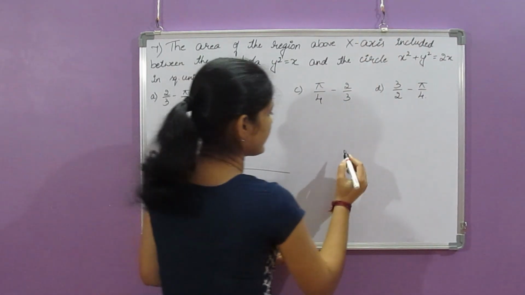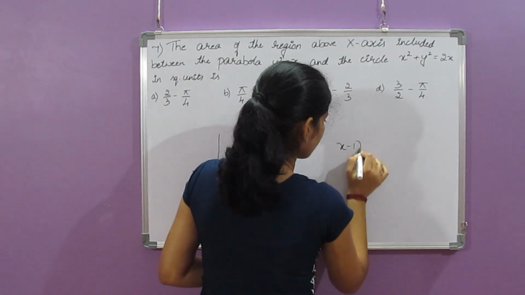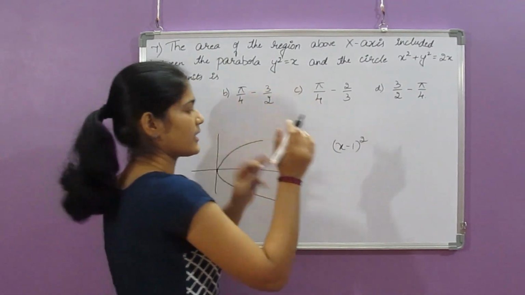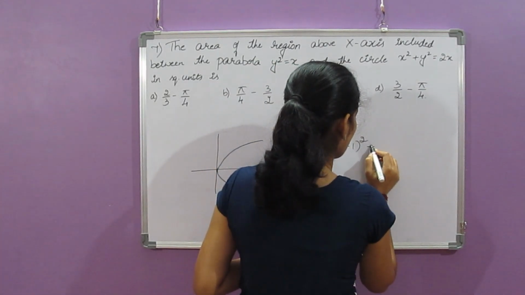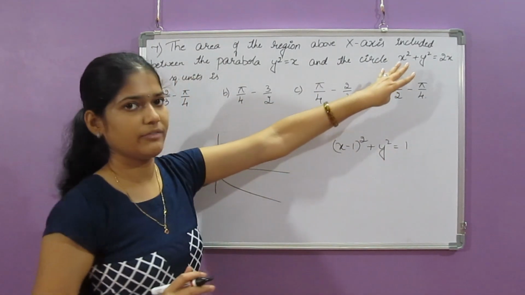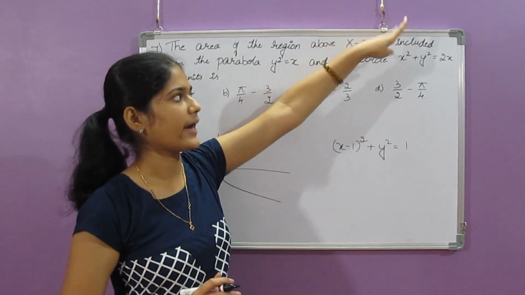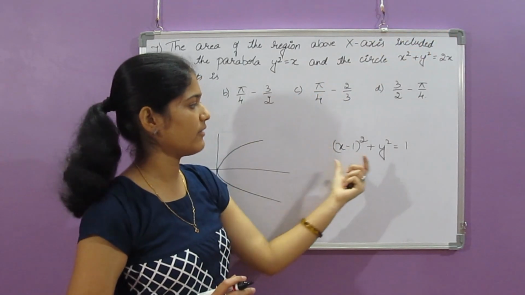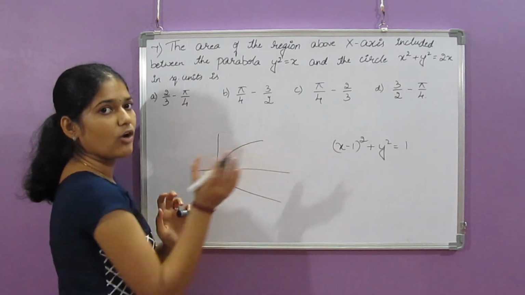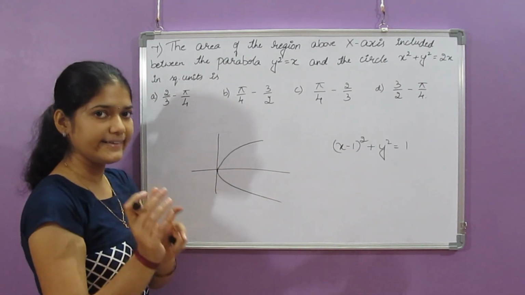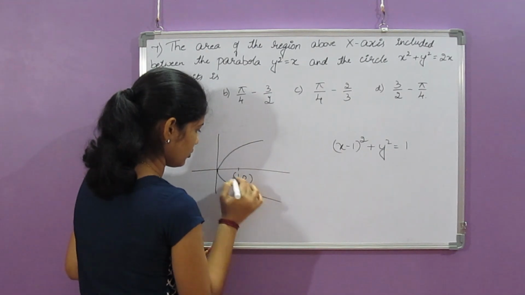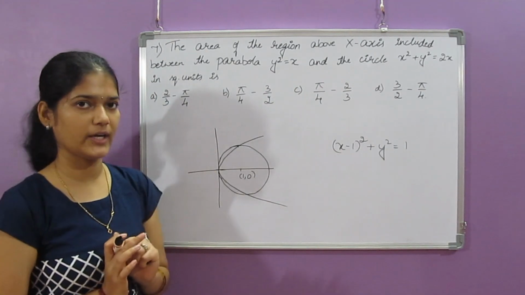If we simplify this, the standard form of this circle will be x minus 1 whole square plus y square is equal to 1. If we take minus 2x this side and add 1 on both sides, we will get this. That means this is a circle of radius 1 centered at (1, 0). Here is (1, 0). The figure looks somewhat like this.